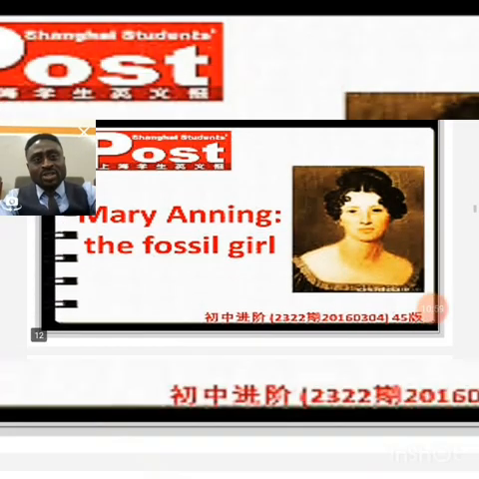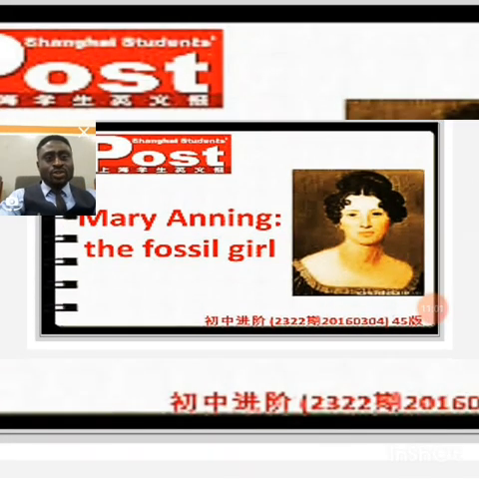If you look at this picture, this is a picture of Mary Anning, who was popularly called the fossil girl. Now, what are fossils? Fossils are simply the remains of either plants or animals that have been deposited or cemented over time on the surface of rocks, on sand parts, in deserts, in water bodies, or down beneath the ocean beds, and many other places plants and animals have ever existed.